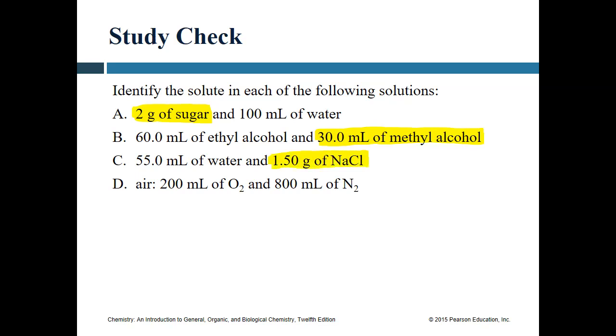And if I had air, would it be the oxygen or the nitrogen? It'd be the oxygen. So the key thing that is common here, which you seem to pick up on, the one that is in the lesser amount is the solute. Always. Yeah, gotta love those absolutes. If it's in a lesser amount, it's a solute. If it's in the greatest amount, it's a solvent.